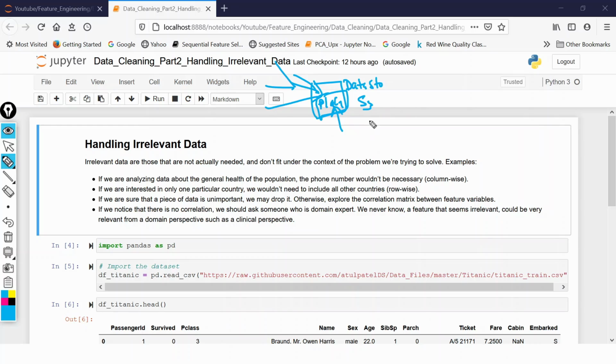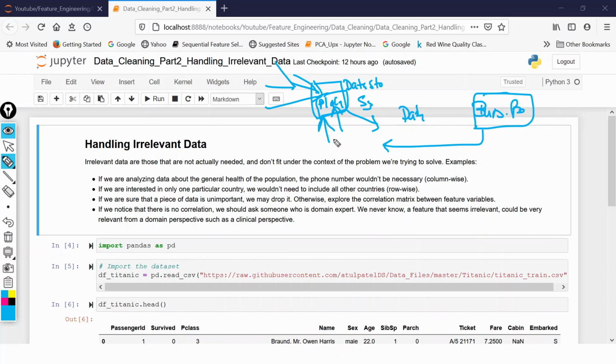After that, I am a data scientist working on one business problem. I will pick the data as per my requirement, because this storage has millions of columns and millions of rows.